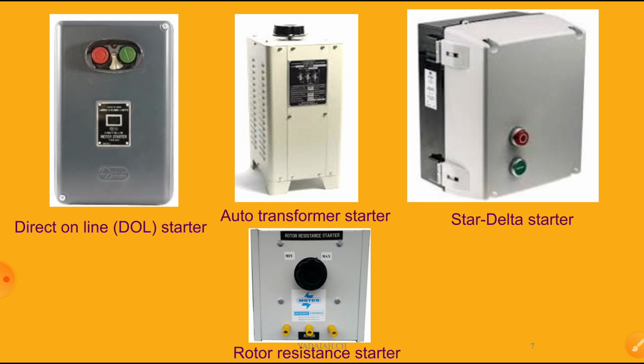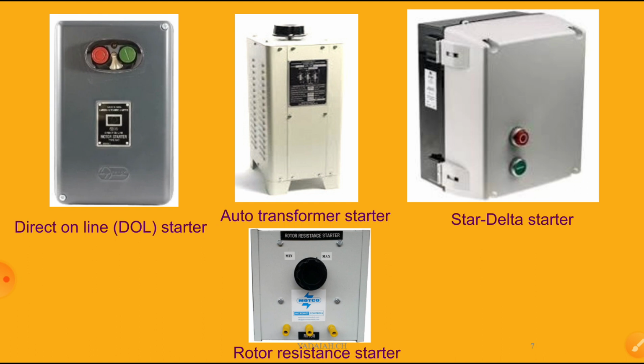It does not reduce the starting current in the DOL starter. We can ask for the OLR and NLR, similar to the 3-point starter. What is the OLR? Overload release coil, and NLR means no volt release coil, which protects from overload as well as low voltage conditions. We will see that also.